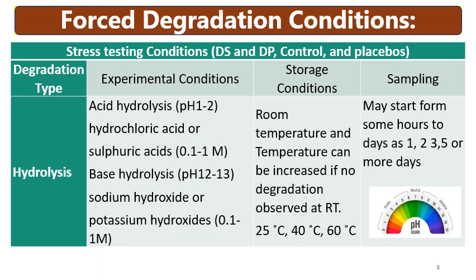So this acid, base or pH impact can be studied at room temperature, and if at room temperature there is very little degradation or degradation is not happening, then the temperature can be increased from 25 to 40 or 60 or 80 based on the molecule property, and sampling can be done from some hours to some days. So these conditions are defined based on the property of the formulation and the property of the molecule, that is the sensitivity of the molecule to these conditions.